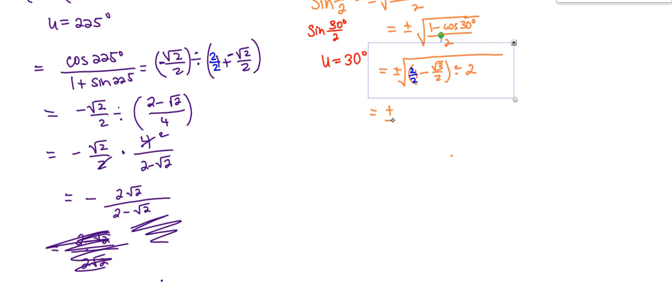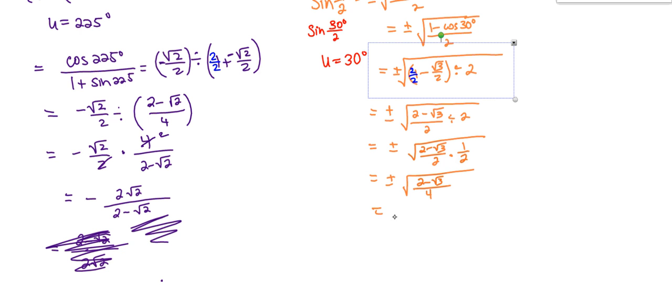So plus or minus square root of 2 minus square root of 3 over 2 divided by 2, plus or minus the square root of 2 minus square root of 3 over 2 times 1/2, plus or minus 2 minus the square root of 3 over 4, which would simplify down to plus or minus square root of 2 minus square root of 3 over 2.